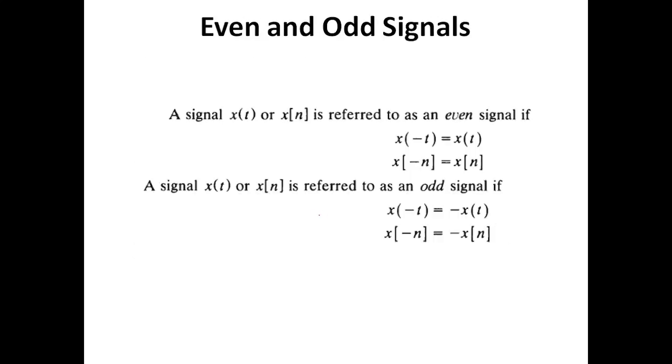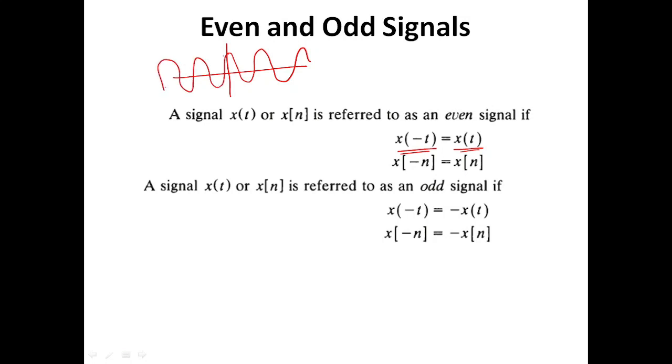Then coming to even and odd signals. The first condition is x of minus t equals x of t. I will give you an example. Take a cos signal. At 0 degrees, it has a value of 1 and it varies like this, and you extend it to the negative side.